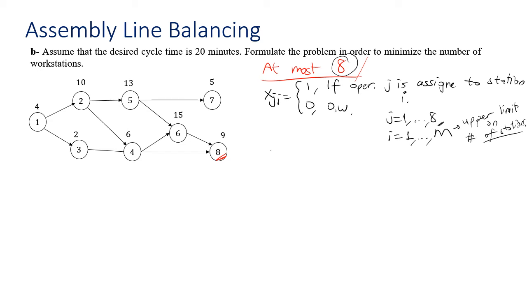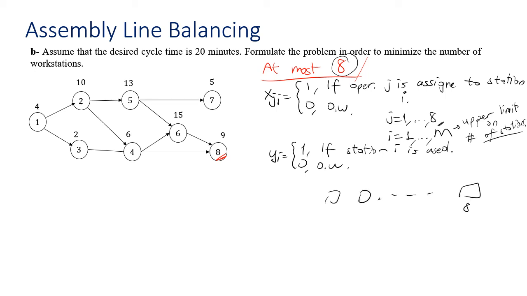And the second decision will be included by y_i, again 1 and 0. It will take the value of 1 if station i is used and 0 otherwise. So we will assume that there are 8 possibilities, 8 workstation alternatives.